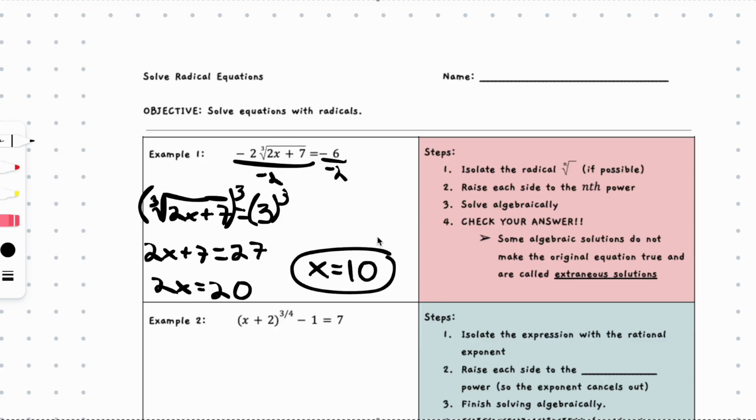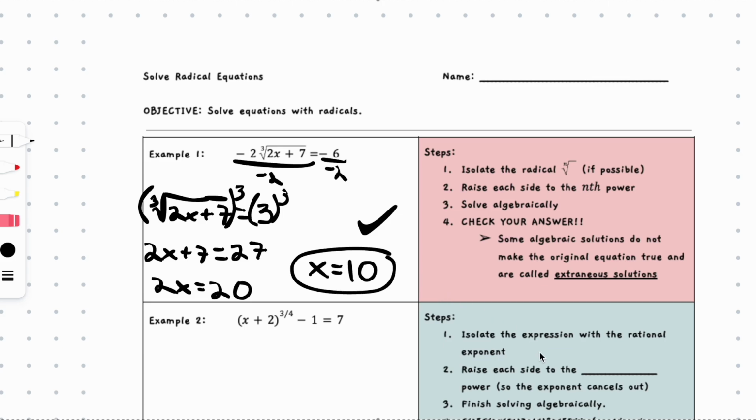In this example, we have x equals 10. So we plug this back in: 2 times 10 is 20. 20 plus 7 is 27. The third root of 27 is +3. And then -2 times +3 is -6, and that checks out. So we know this is good.